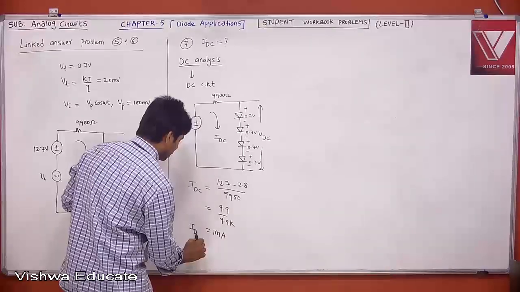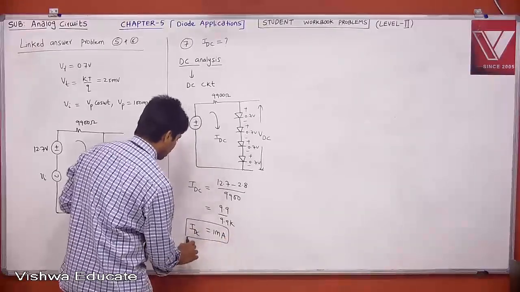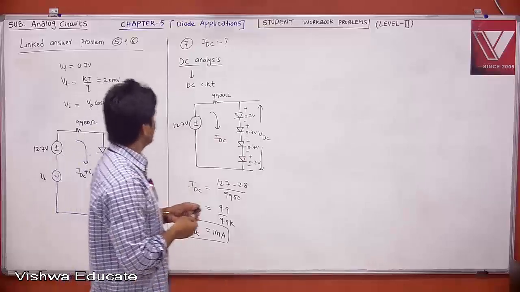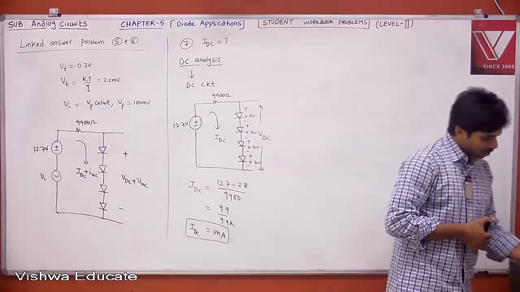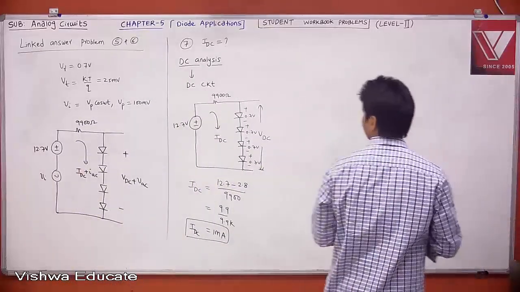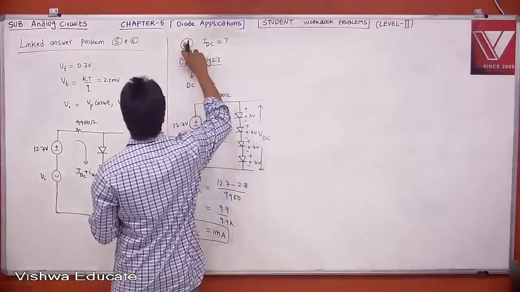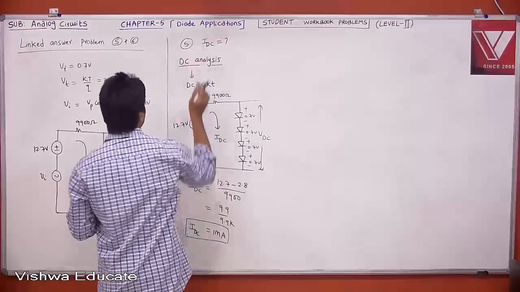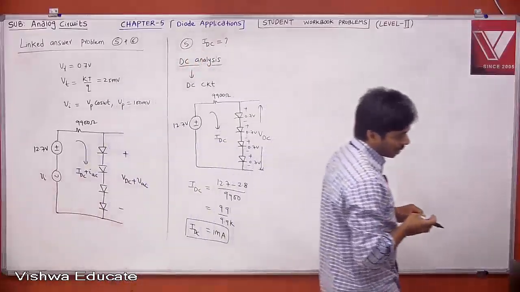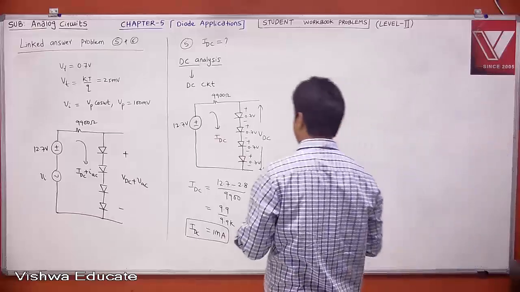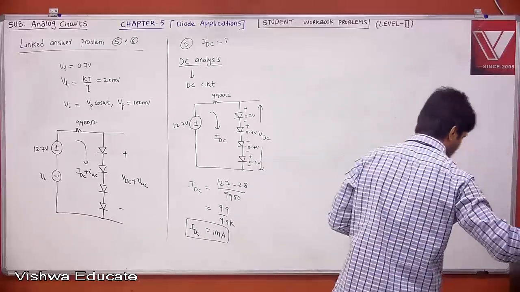Therefore, your IDC, your bias current, is 1 milliampere. What is the answer to problem number 5? Answer is A, 1 milliampere.